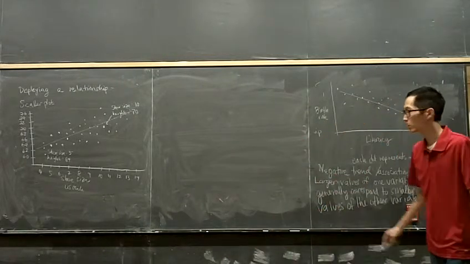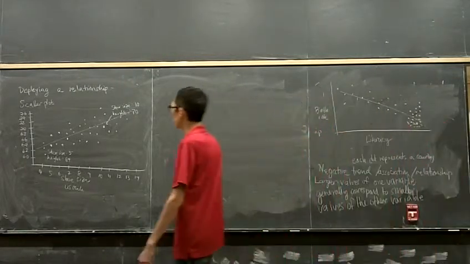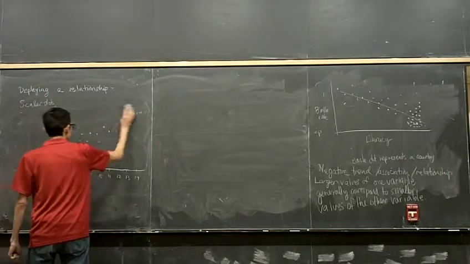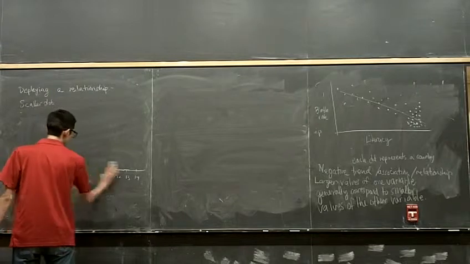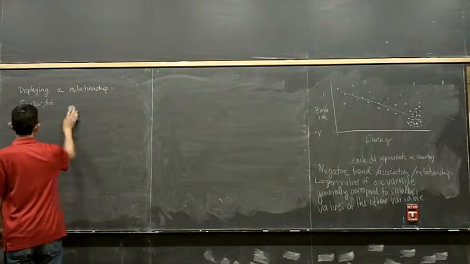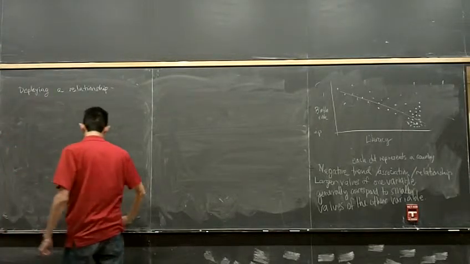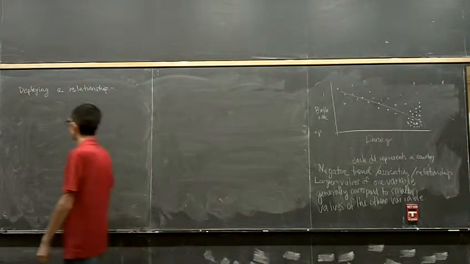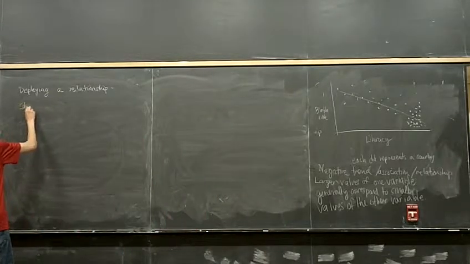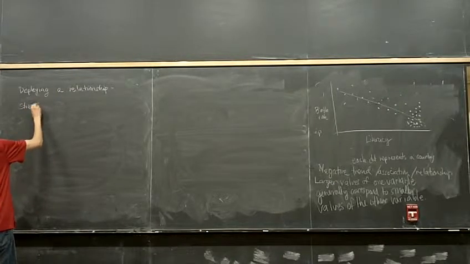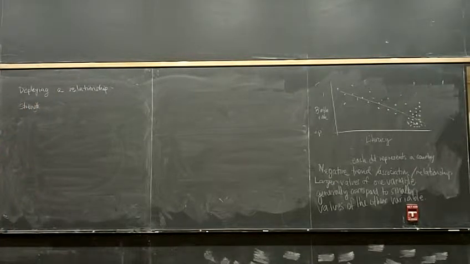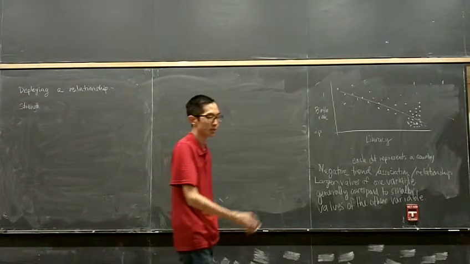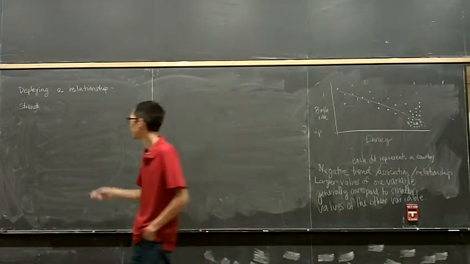So positive and negative will describe the direction, but we can also describe the strength. We can have strong relationships or weak relationships and something in between.